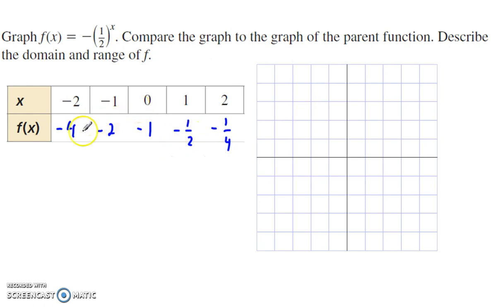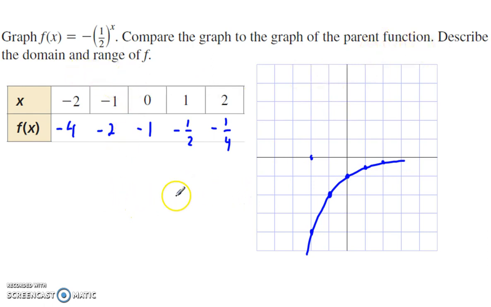Then I want to graph those: -2 and -4, -1 and -2, 0 and -1, 1 and -1/2, 2 and -1/4. We can see what's happening here. It's getting closer and closer. We draw a curve. Remember, it never touches the x-axis.